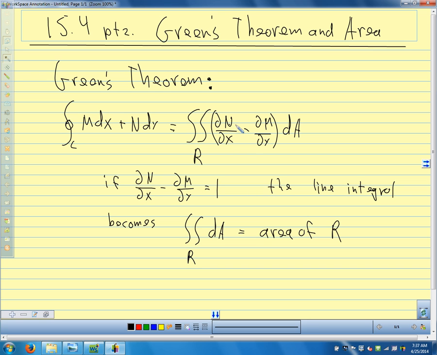If we have a difficult area evaluation because of the boundaries of the region or whatever, we want to turn that area calculation, finding the double integral over a region, into a line integral.